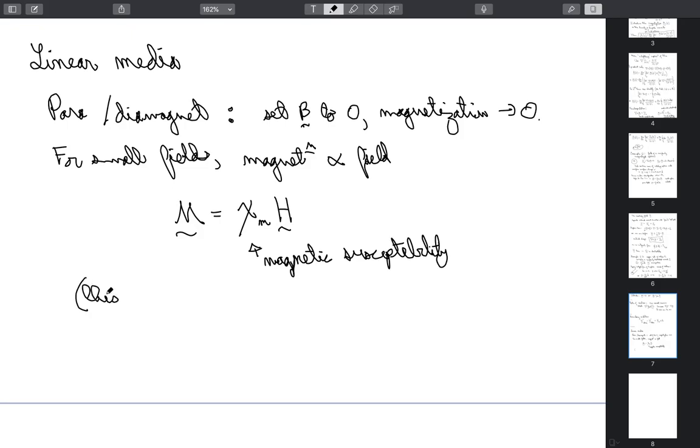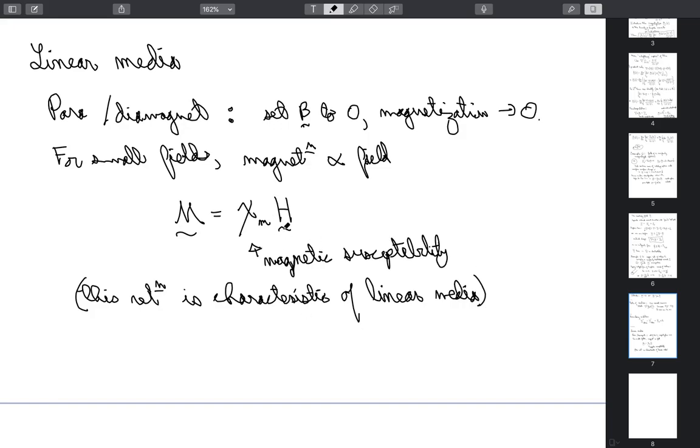So this relation is characteristic of linear media. Of course, it's an approximation.